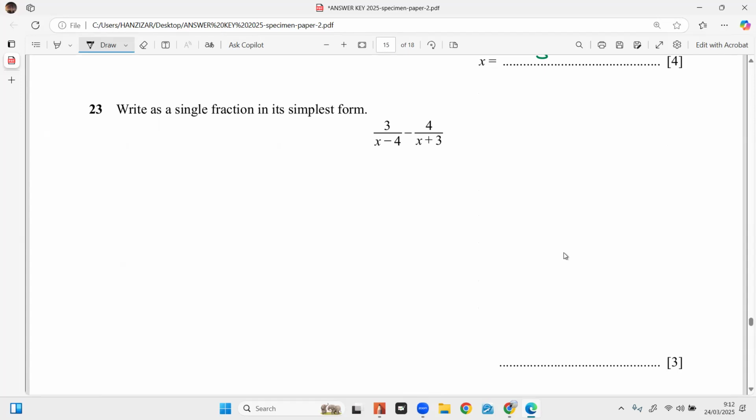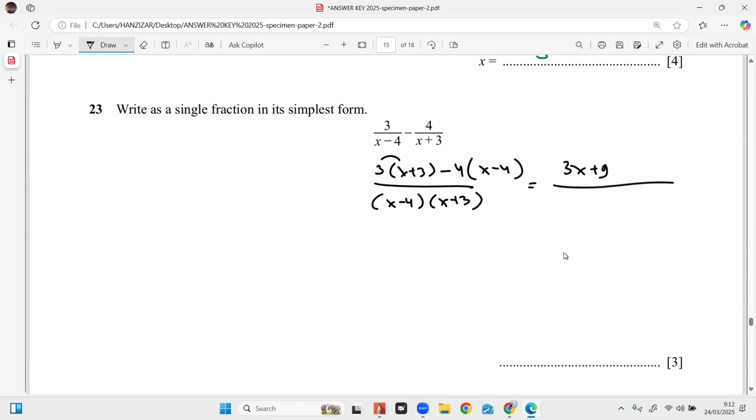Do it fast. We do the equalizing the denominator. So 3, you multiply by x plus 3, minus 4, you multiply by x minus 4. 3x minus 4x, just do it fast. Okay, if you don't want to do it fast, do it slow.